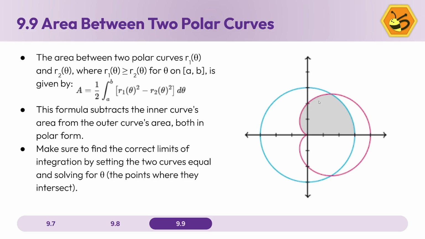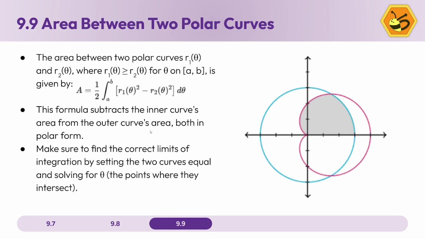And if we think back to the Cartesian plane, when we need to find the area of the intersection between two functions, we do a similar idea where we take the top function and subtract the bottom function. Hopefully that makes another connection for you all.